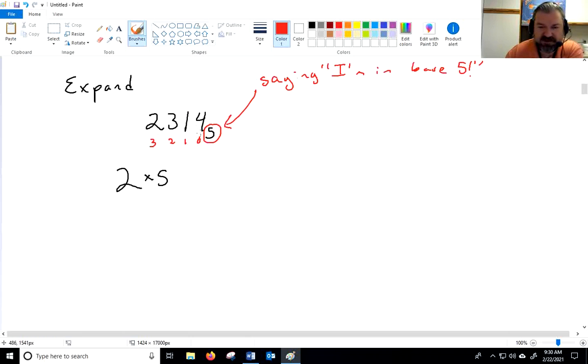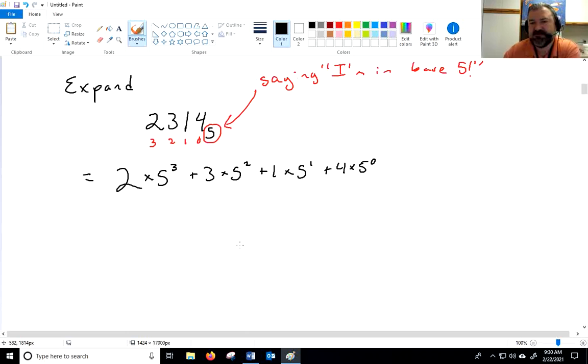But you don't need to know all that. Just know that the digit just to the left of the decimal point is power 0, then power 1, 2, 3, etc. So this is 2 times 5 to the third plus 3 times 5 to the second plus 1 times 5 to the first plus 4 times 5 to the 0. So this is our answer.